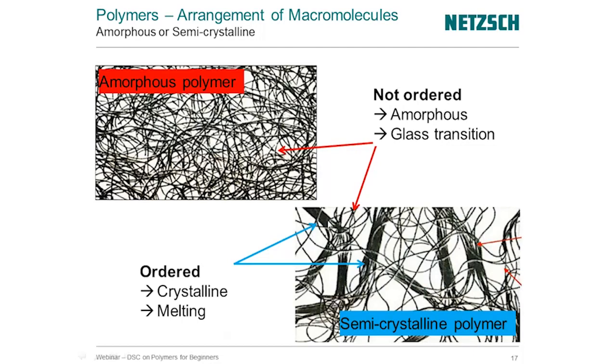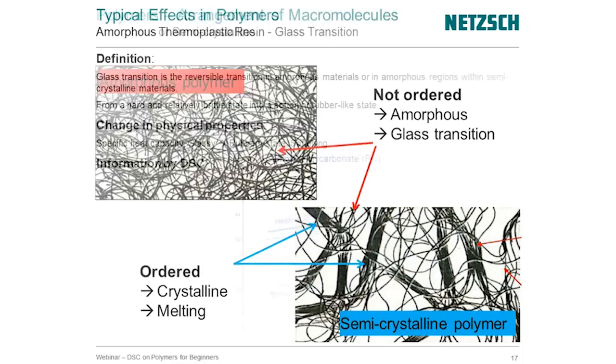But then we also have crystalline or more ordered structures. And when we heat those structures up, we're usually going to be able to see the melting behavior. So when we talk about semi-crystalline, we're going to look at melting behaviors, but possibly also glass transition. But in amorphous polymers, we're mainly looking at the glass transition.